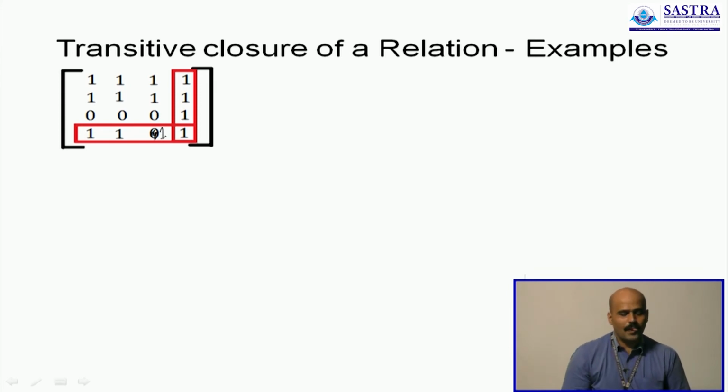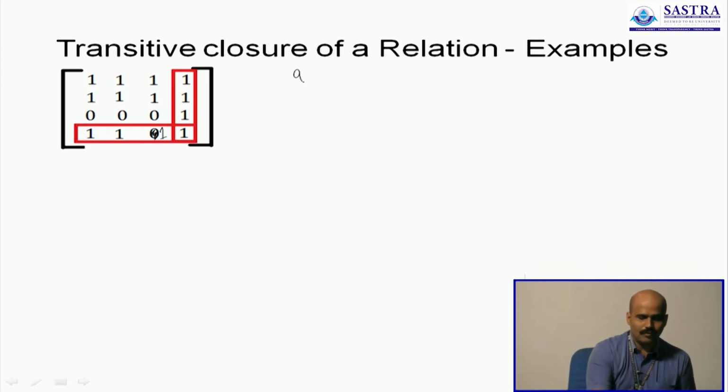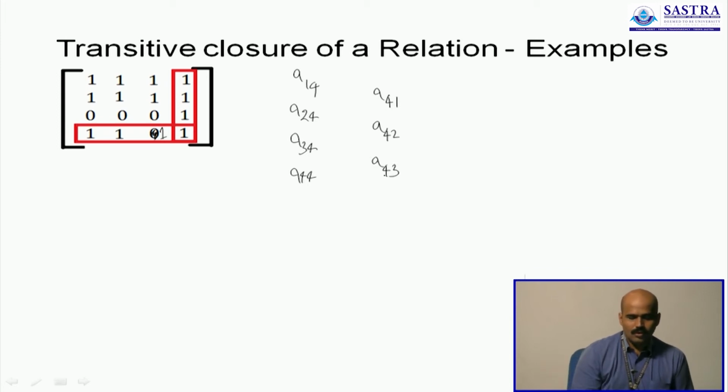Now comparing the fourth row and fourth column, you have 1 4, 2 4, 3 4 and 4 4 to be 1s. Comparing them with 4 1, 4 2 and 4 3. Now since all of these entries in the first 2 rows and the last row are 1s, it is enough if we compare A34 with the rest.